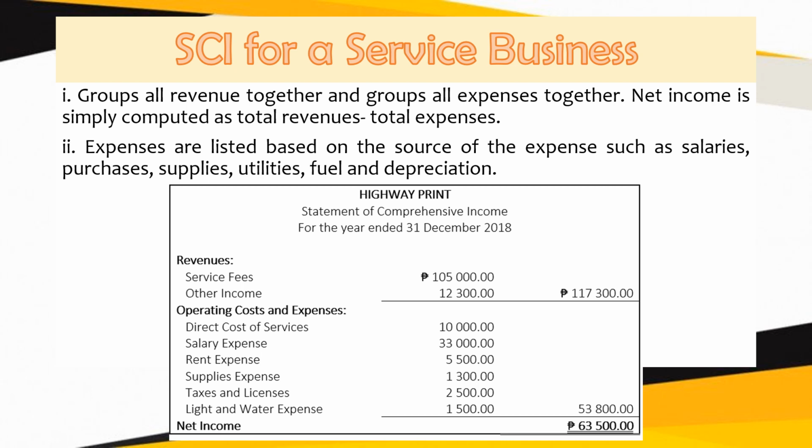For us to find out if it's a net income or net loss, you just have to deduct the expenses from the revenues. So 170,300 minus 53,800, we will have a positive value, which is 116,500. Therefore, this is a net income because it is a positive value. If it is a negative result, it will be a net loss.